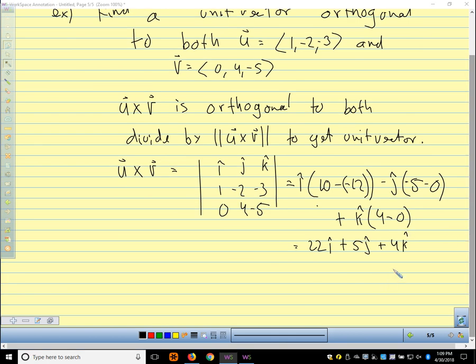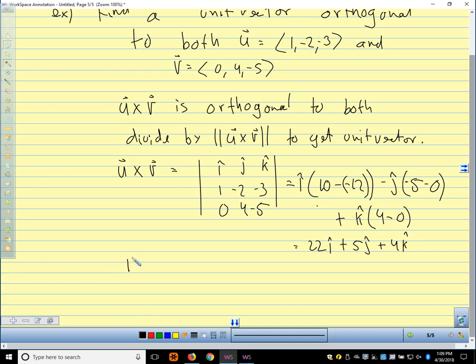So this is orthogonal to both. How could we check to make sure we did this correctly? Do the dot product, and if it comes out to be 0, they're orthogonal. Let's look at this one really quickly. Since we have a 0 i hat, we get 4 times 5 plus -5 times 4, which is 0. All right, we want a unit vector.